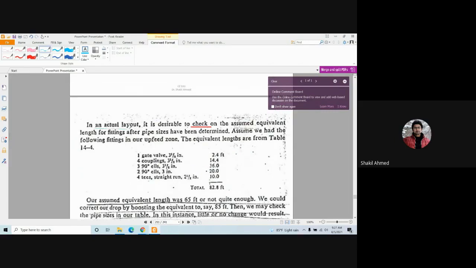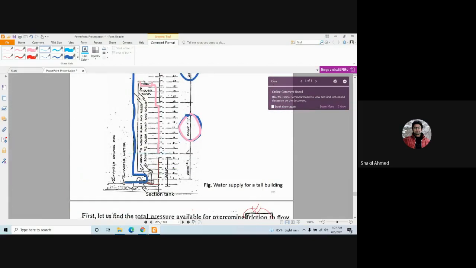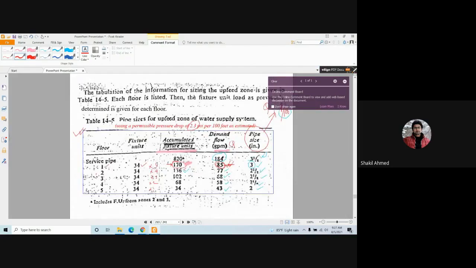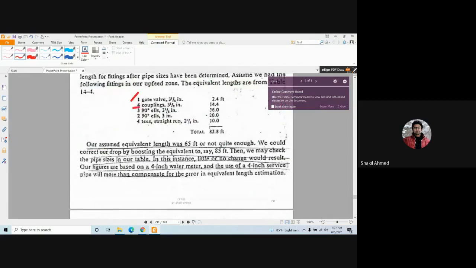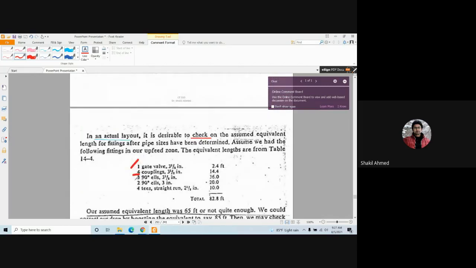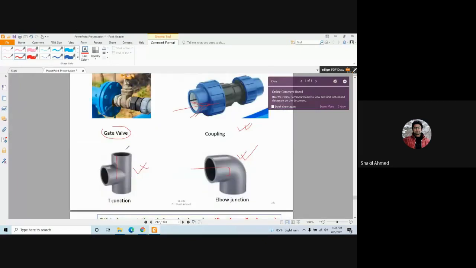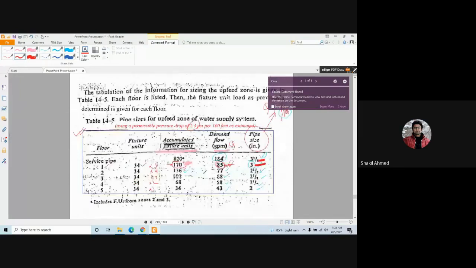Now you know the sizing of the pipe. For example, from the analysis we can say that for this zone 1, you need one gate valve, 3.5 inch, 4 couplings, 3.5 inch, 90-degree elbows, 3.5 inch, 90-degree elbows, again 3 inch, and 4 T's, 2.5 inch.